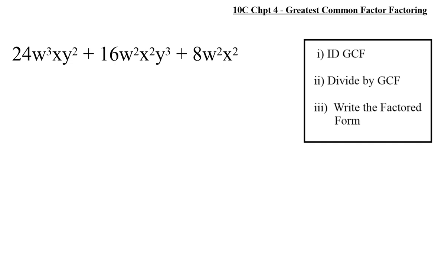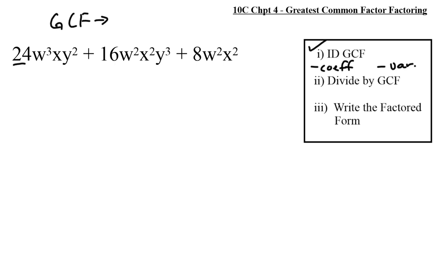24w cubed xy squared plus 16w squared x squared y cubed plus 8w squared x squared. Lots going on here. We want to create a multiplication question. It's the same thing. First thing is identify the GCF. The GCF, remember, coefficients and variables.